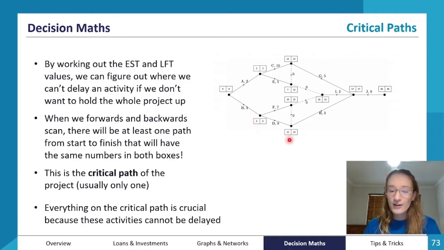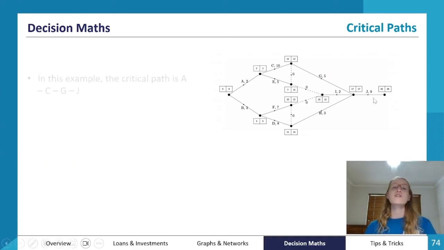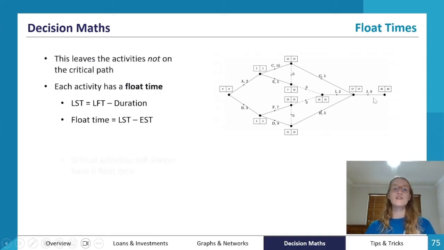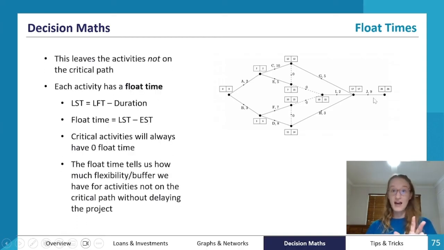If you follow the path of boxes where the numbers are the same, that will help us find the critical path, which we can see in this here is along the top. So we can see that these activities are on the critical path. If any of these activities are delayed, then we know it's going to delay the final finish time of the project.